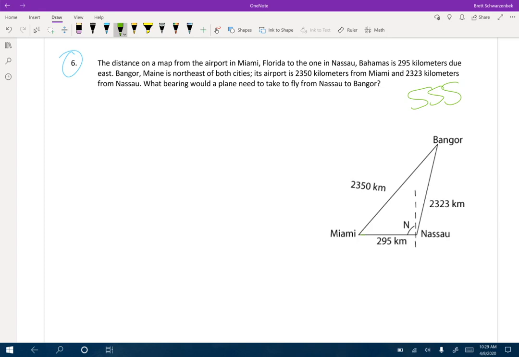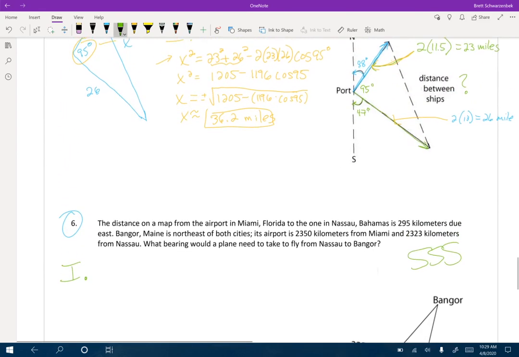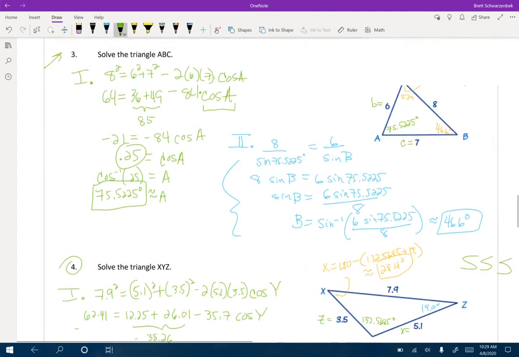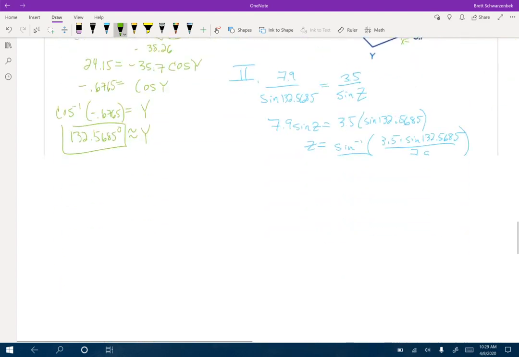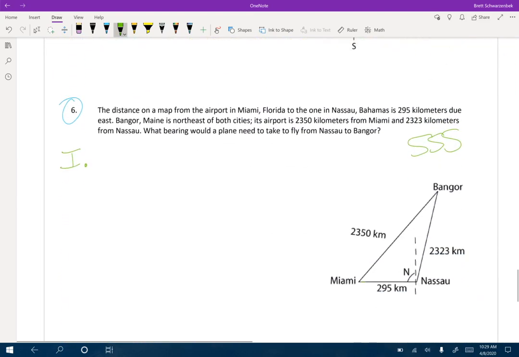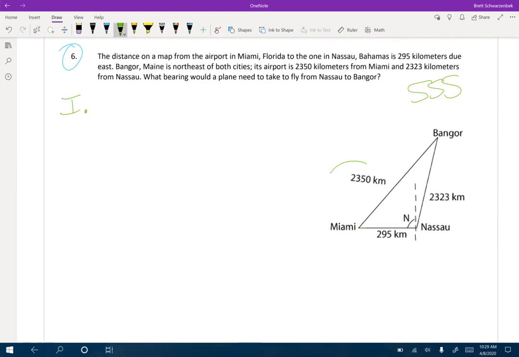So let's start there. One of the things that's important here is when we use the law of cosines with side, side, side, we need to find the angle opposite the longest side first. We luck out here because the angle we need is actually opposite the longest side. So we're good to go.